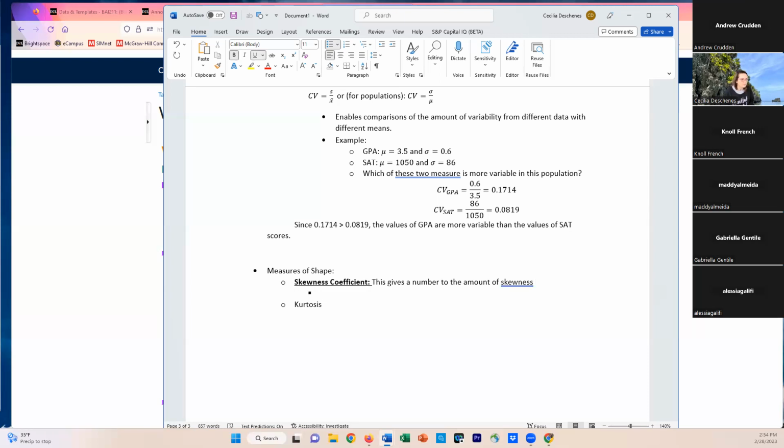Skewness for a symmetric distribution is assigned 0. Not all symmetric distributions are normal, but all normal distributions are symmetric, right? So this means this is true for normal distributions.